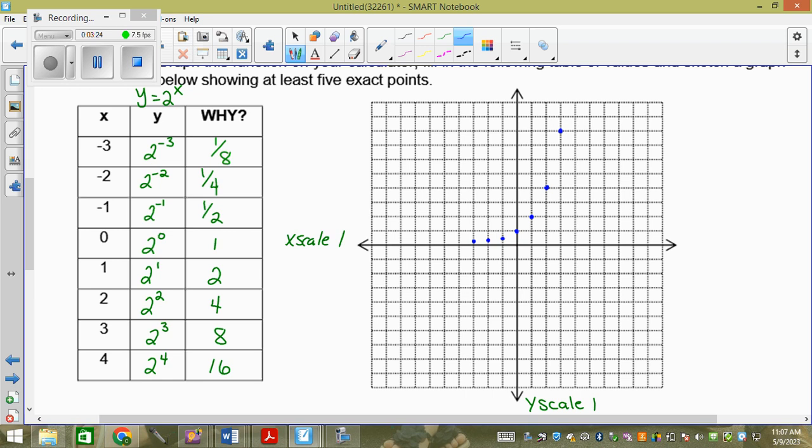What's going to happen when we go closer and closer, when we get more negative? Like -4 would be 1/16. -5 would be 1/32. What's going to happen? It just keeps getting closer and closer to the x-axis, smaller and smaller and smaller. So this is actually going to run right along the x-axis, but not touch the x-axis.